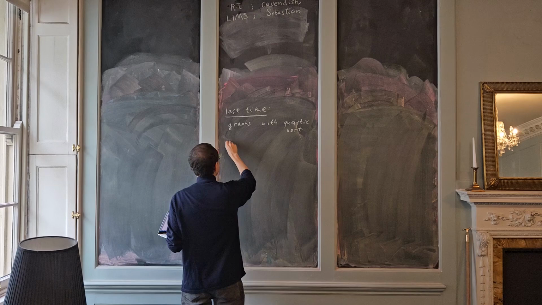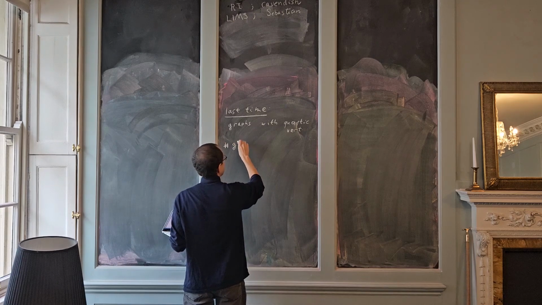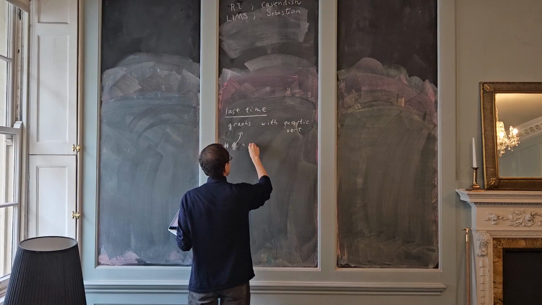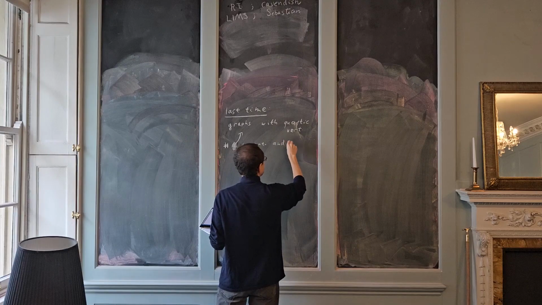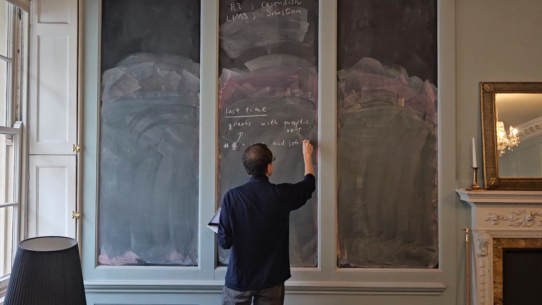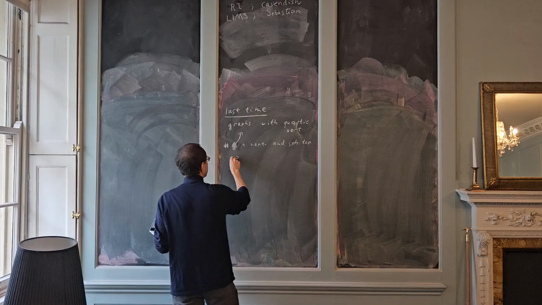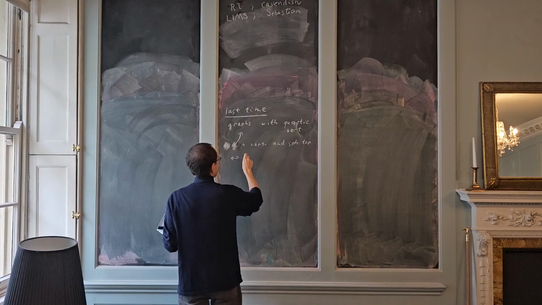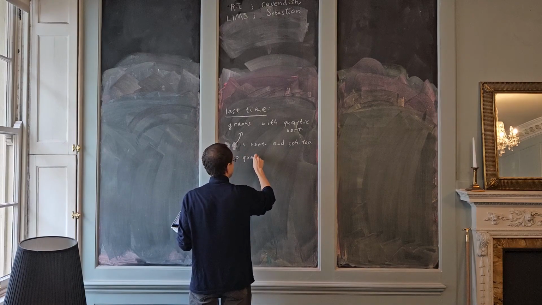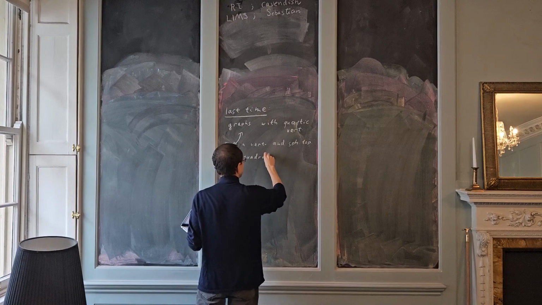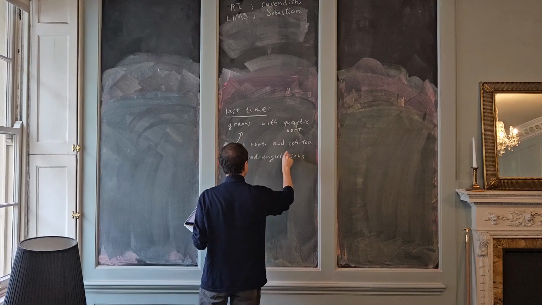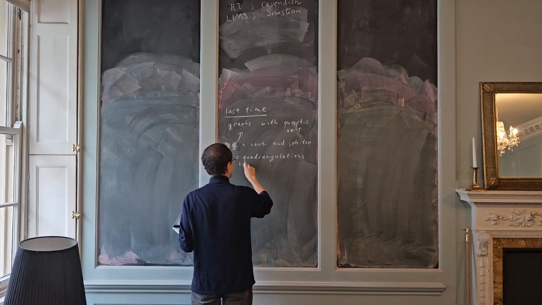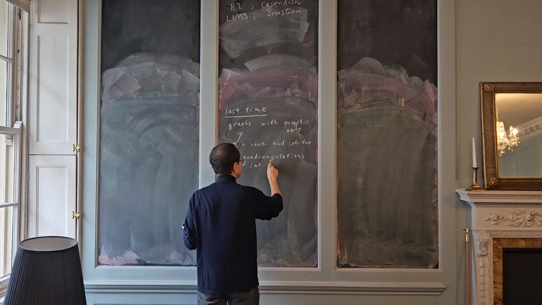So the number of these graphs with n vertices, and let's say fixed spherical topology, these graphs are in one-to-one correspondence with quadrangulations of a sphere into n plaquettes.